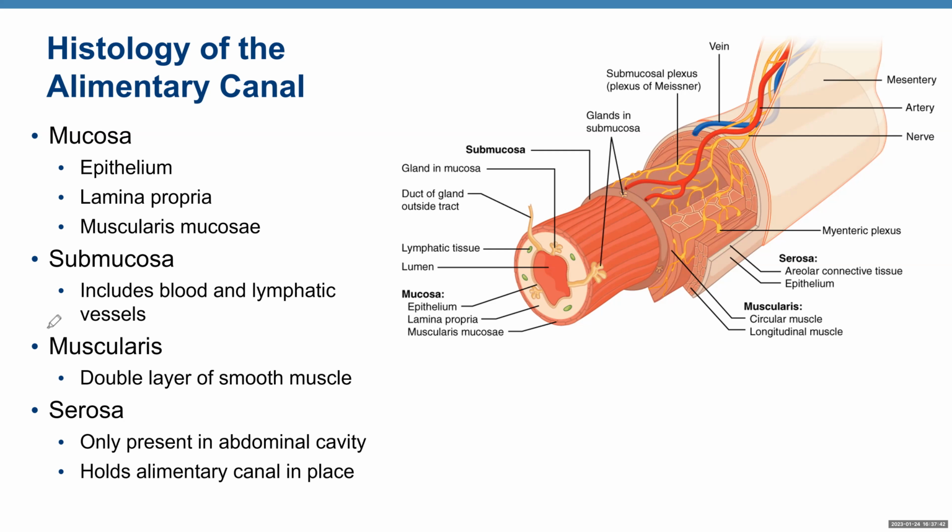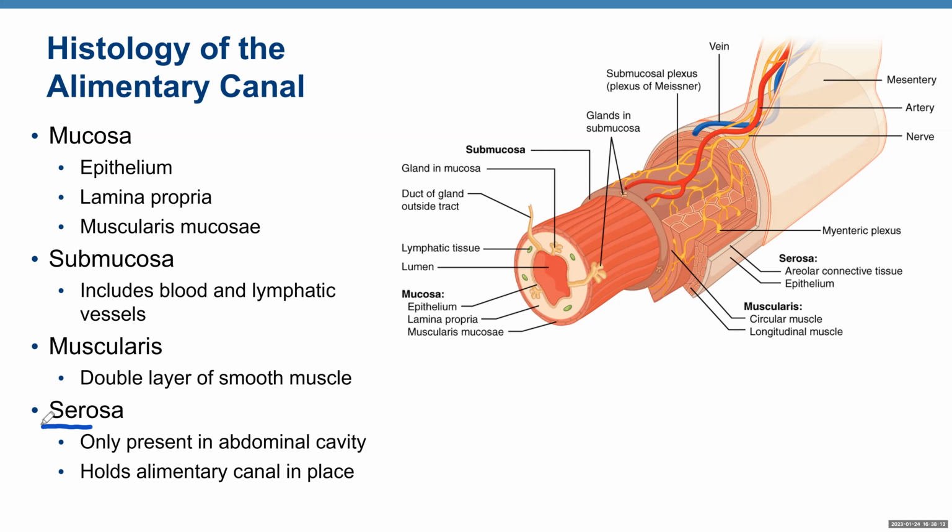Now, muscularis tells you that it's a layer made of smooth muscle. It's a double layer made of circular muscles, which go this way, and longitudinal muscles that go along the GI tract. And serosa is a superficial layer present only in the abdominal cavity, and it holds the alimentary canal in place.